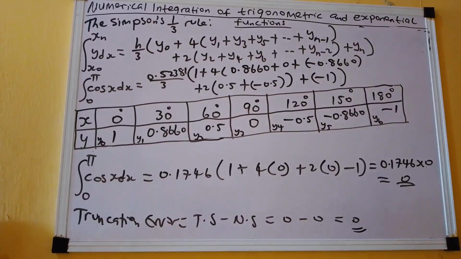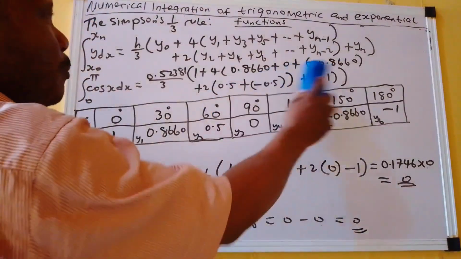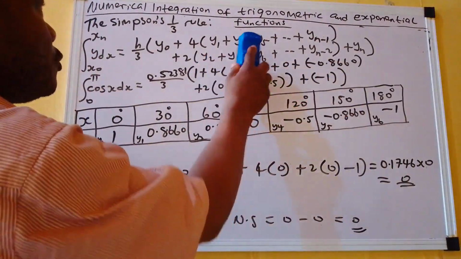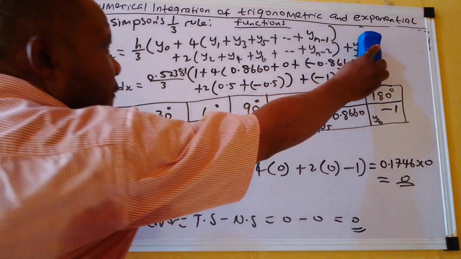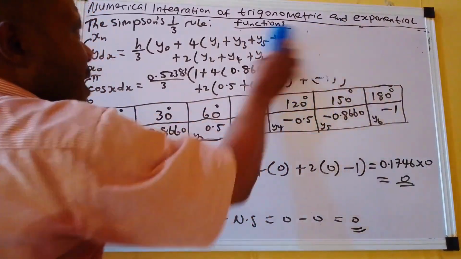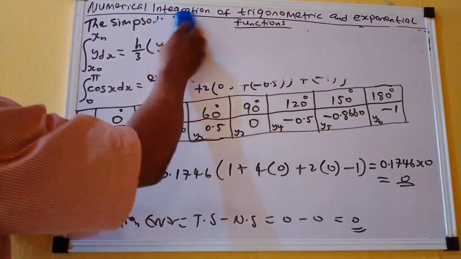Now we want to go to the second part of today's teaching, which is the numerical integration of exponential functions. So this table will not be needed. We are going to take an exponential function and carry out the numerical integration.